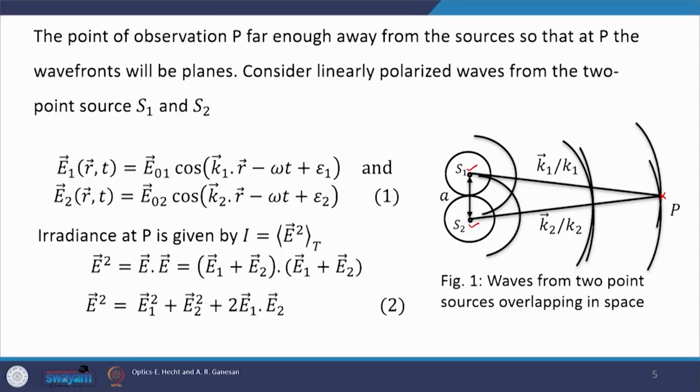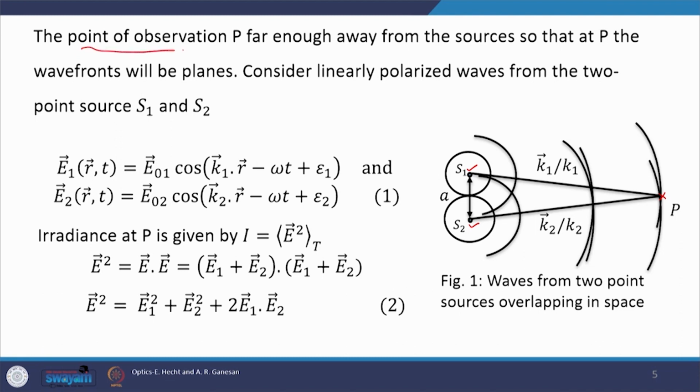The spherical wave fronts emanating from point sources S1 and S2 can easily be treated as plane waves when they reach point P.